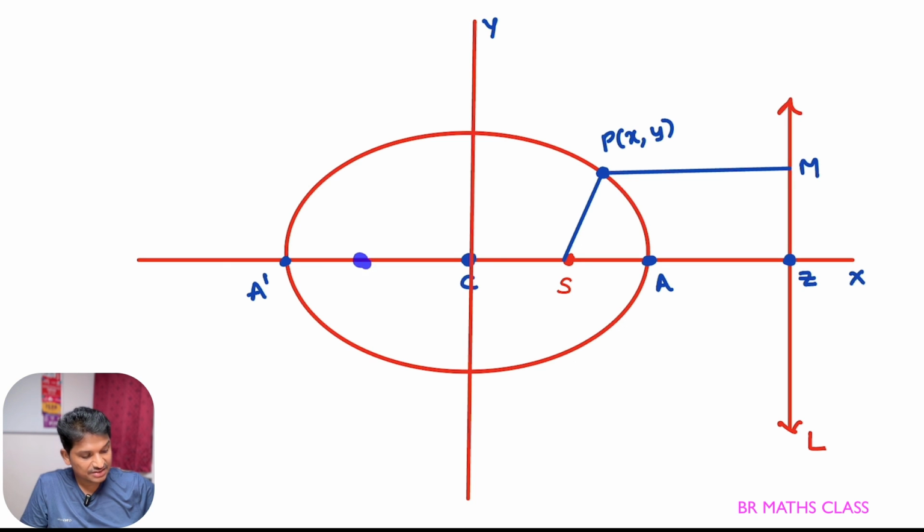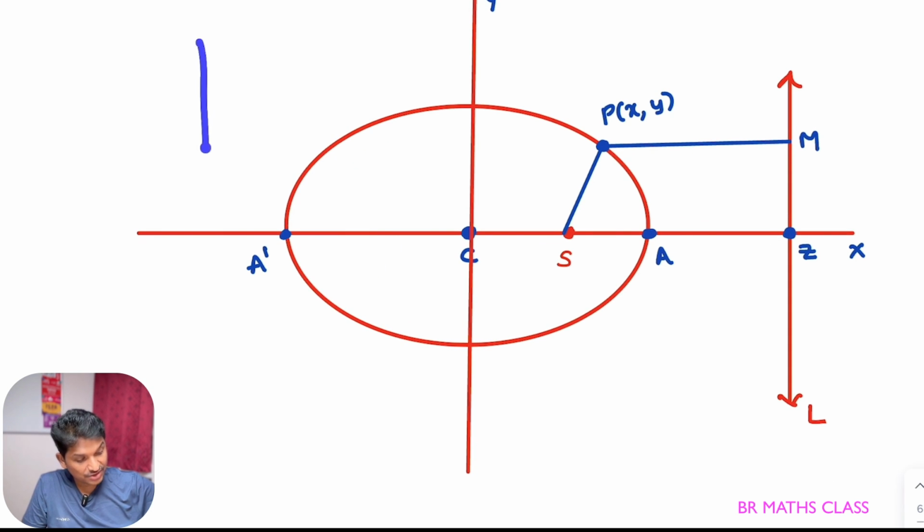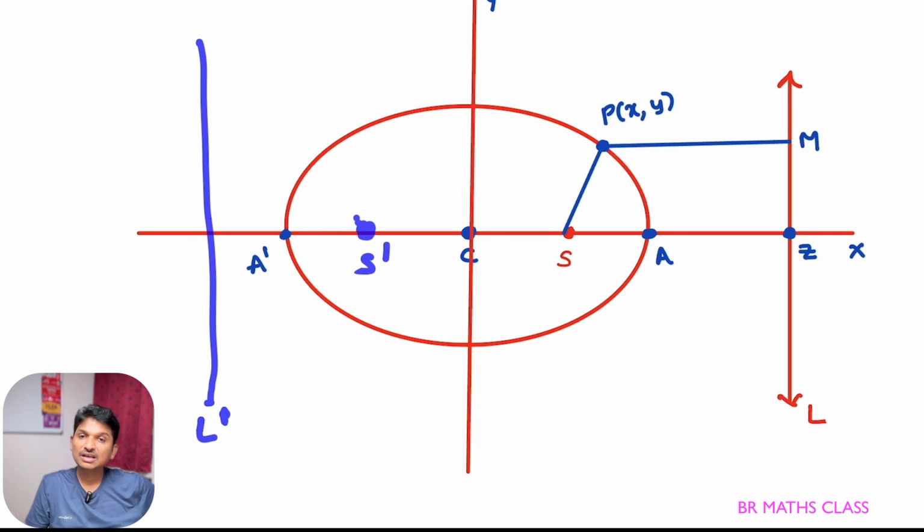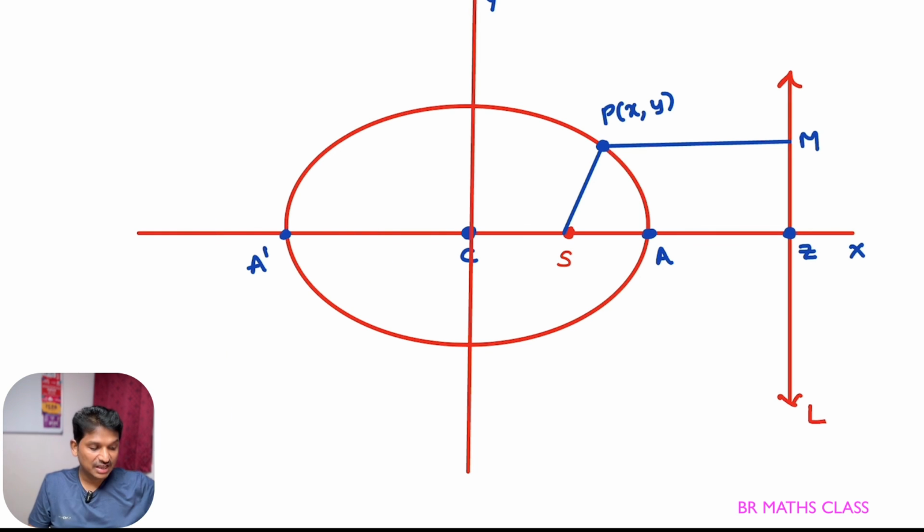That means you will get the same diagram if you take this as a fixed point and one more fixed line here. If I take one fixed point here and a fixed line here, the same diagram you will get because of this symmetry. I hope you are understanding. Because of this symmetry, this ellipse will get one more focus and one more directrix.